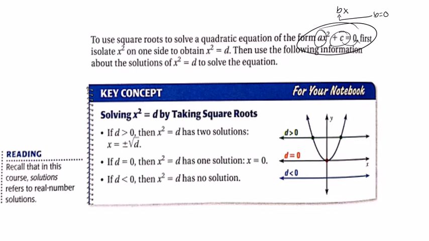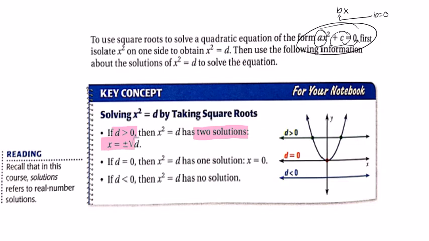So depending on the actual value of d, we are going to be stumbling here into one of these three situations. So if d is greater than 0, so it is positive, I am going to have two solutions.